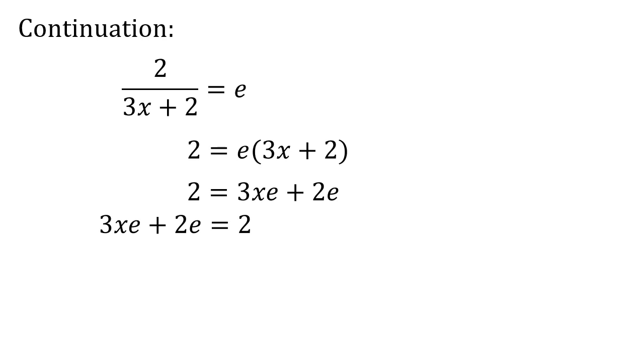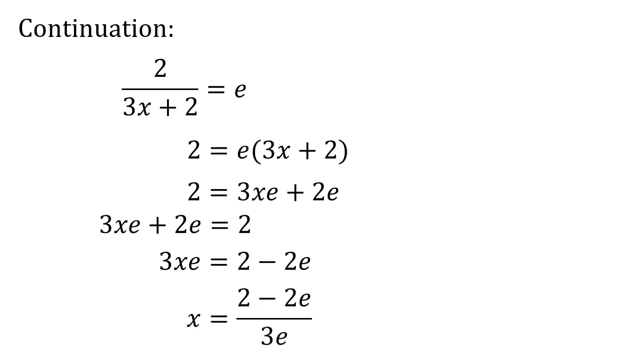Let's put x on the left side of the equation. Now we have 3xe plus 2e equals 2. Transpose 2e, so this will be 3xe equals 2 minus 2e. Then divide both sides by 3e, so that x will be the only term on the left side of the equation. So now we have x equals 2 minus 2e all over 3e.